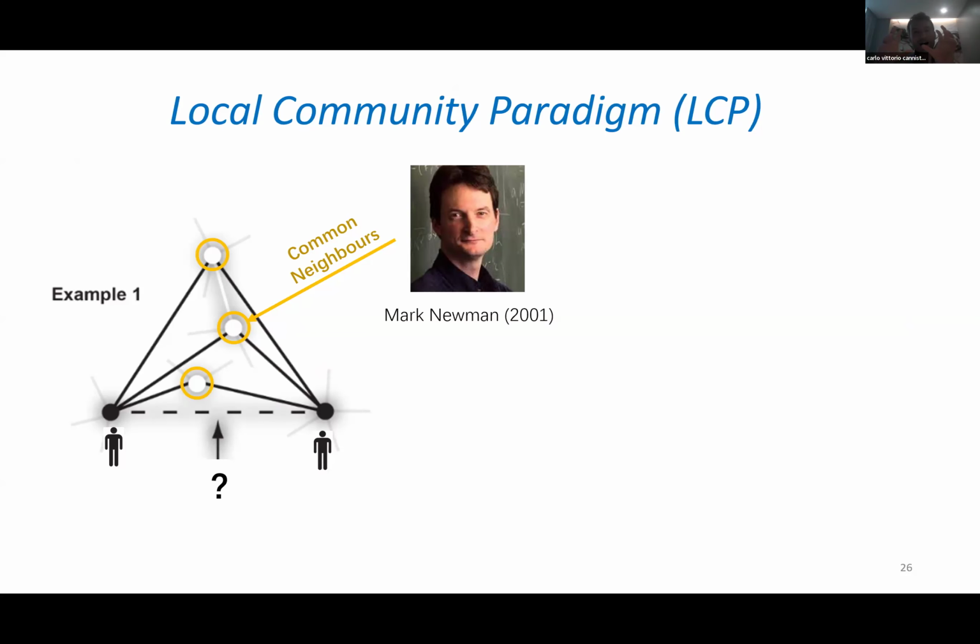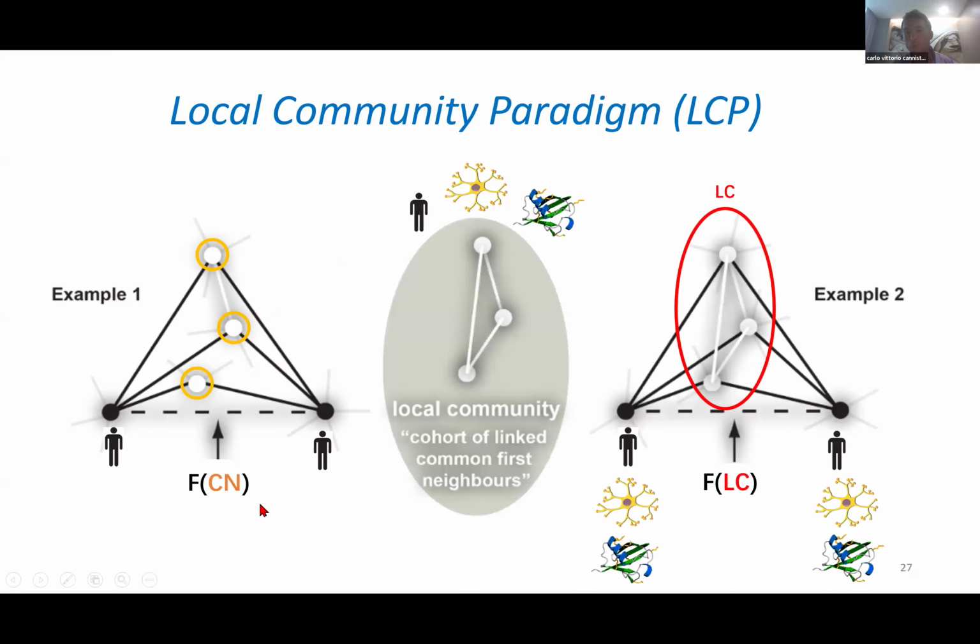Because a cohort of neurons that fire together, wire together, is a cohort of people that speak to each other, tend to connect. A cohort of proteins that are functionally interacting will bring to other interactions between the proteins that are in the complex dynamically. So my idea was, I need to change this paradigm from being common neighbors based to be local community based.